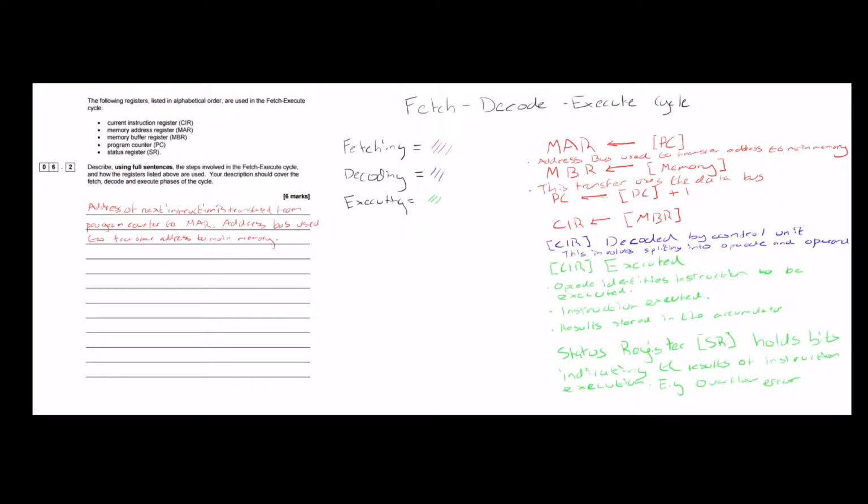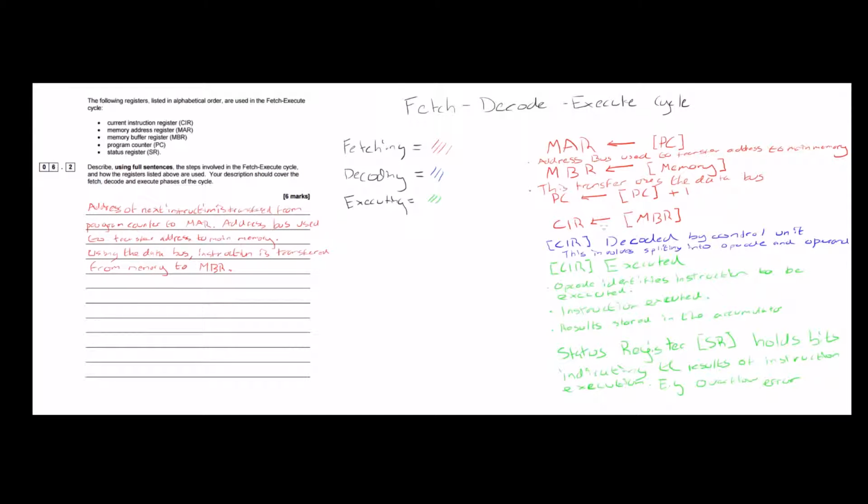Next, the value of the instruction that we're finding the address of in memory is transferred into the memory buffer register. The transfer uses the data bus, so the instruction from memory is transferred to the memory buffer register.